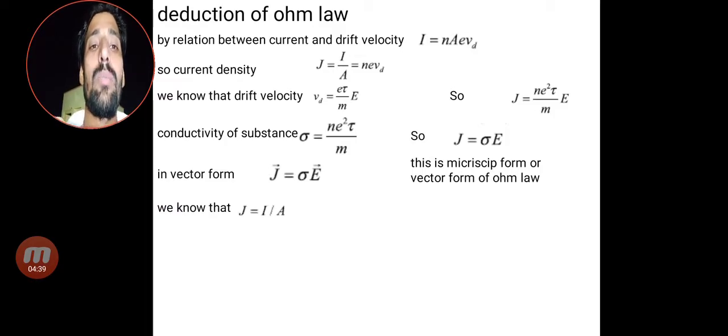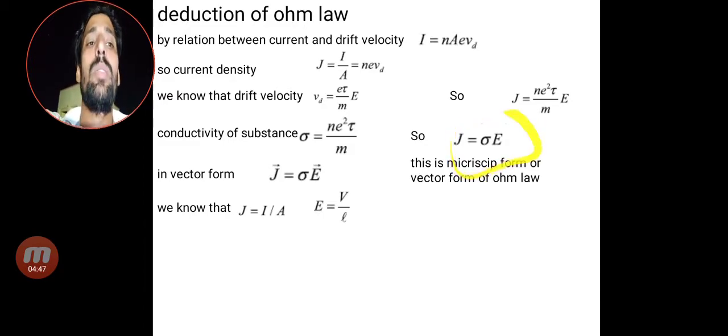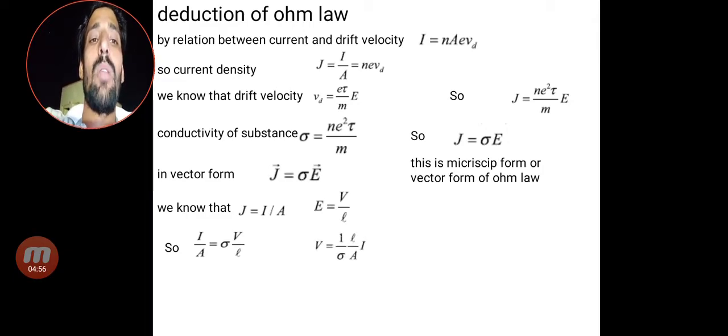We know that J equal to I upon A and E equal to V upon L. If we put both values in J equal to sigma E and solve, V equal to 1 upon sigma into L by A into I. 1 upon sigma, the inverse of conductivity, represents resistivity.